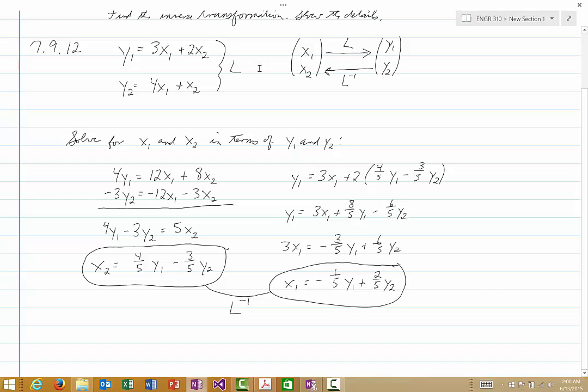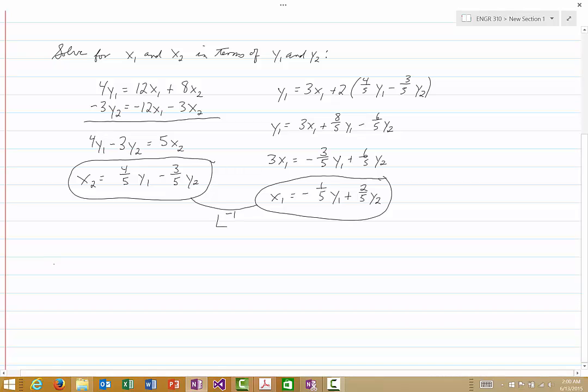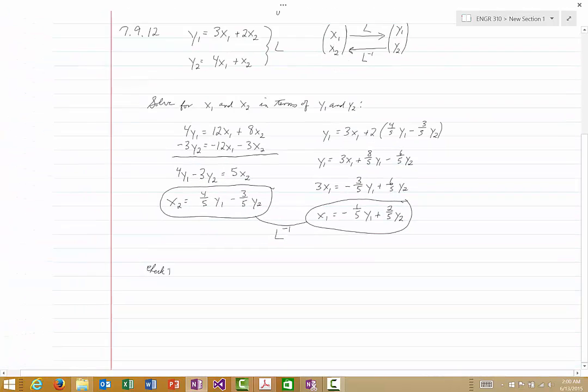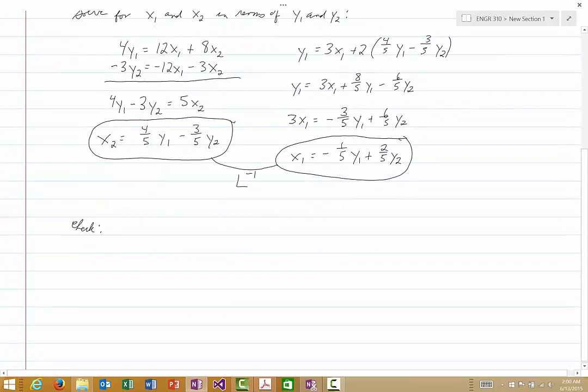Now, let me show you at this point another way that you could do this problem, and it's a little bit more systematic, and it also will give us a good way to check the work that we've just done. So we'll say check. Well, L could be described in the following way.